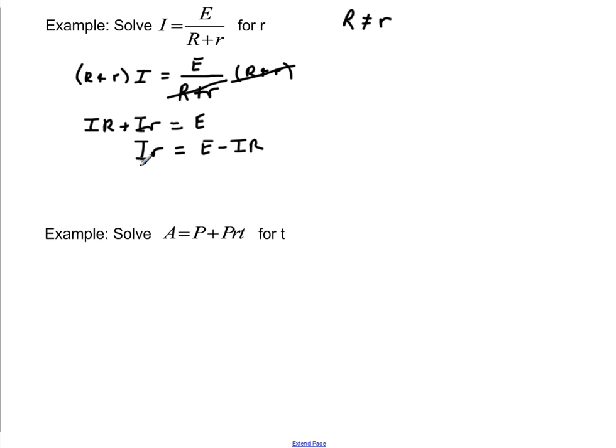And now, if we want to isolate r, we're going to divide both sides by I. And this isolates our equation. Now we'll get small r is equal to E minus I times big R, divided by I.